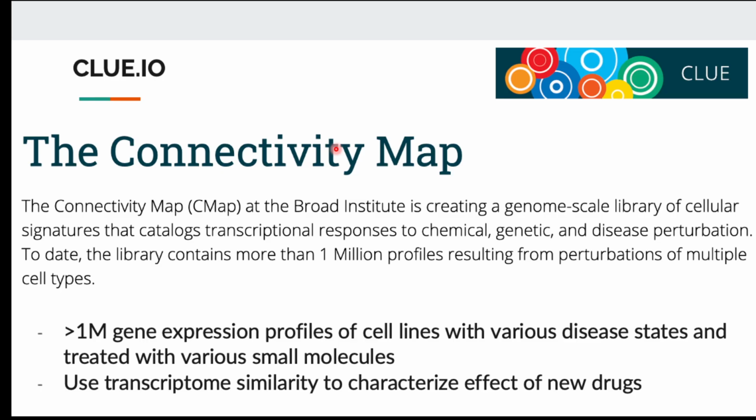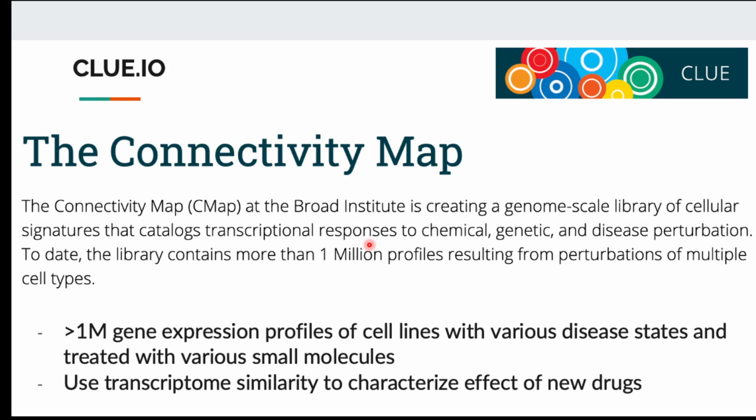So if you have a new compound and you treat it on some cell type, you get the transcriptomic data, and you can compare your transcriptomic profile against the expression data in this connectivity map. And if your cells happen to be similar to some of the cells in here, you can ask which perturbation, which compound was used to generate those transcriptomic data.